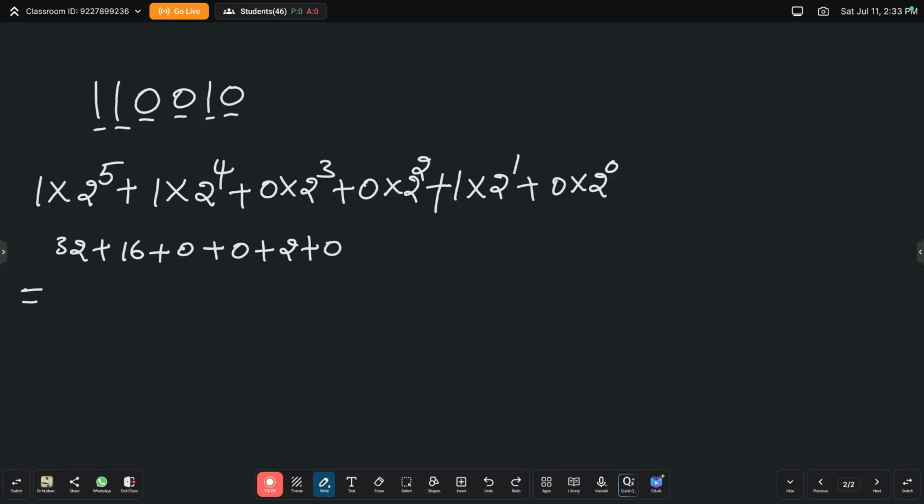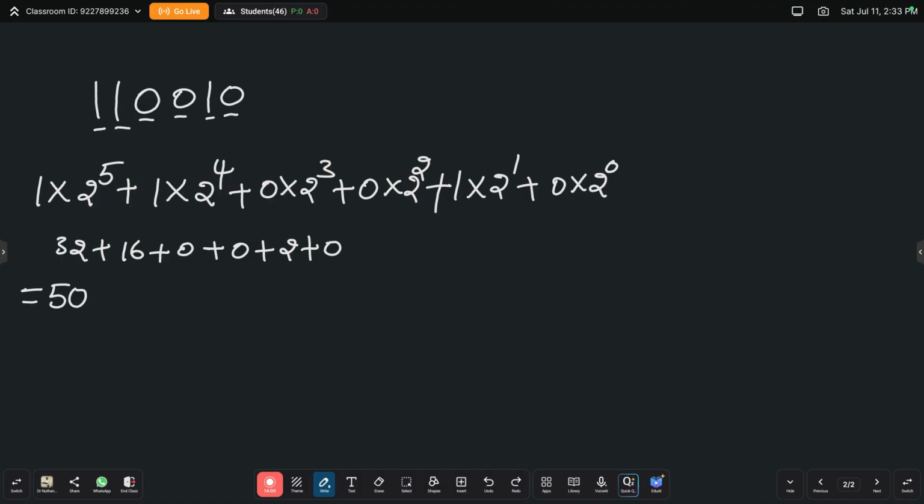How much? 50. So the decimal number is 50. Binary number is 110010. This conversion is going to be done by your digital computer. Got it? Clear?